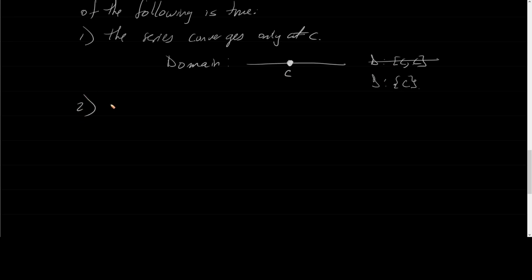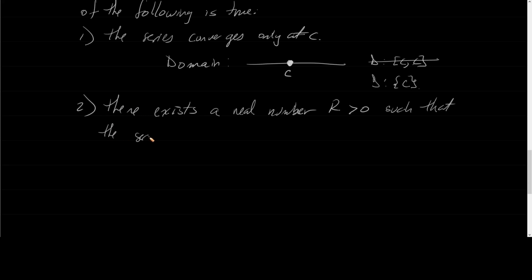The next scenario is that there exists a real number r greater than 0, such that the series converges absolutely for the absolute value of x minus c being less than r.